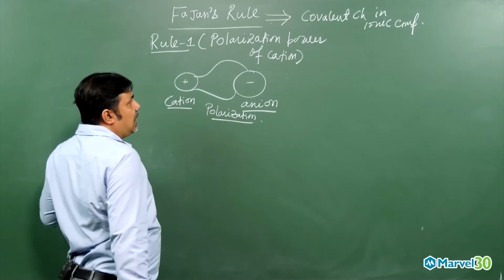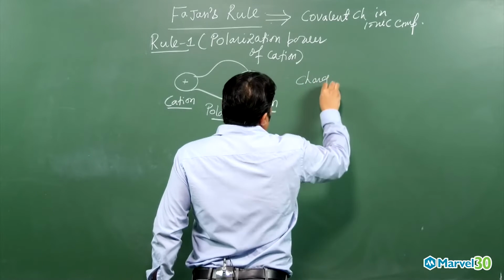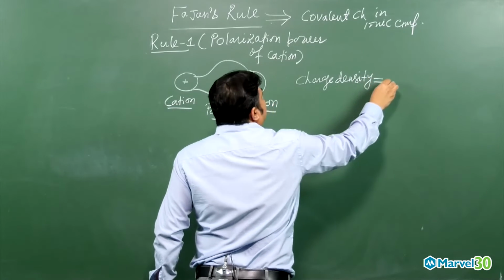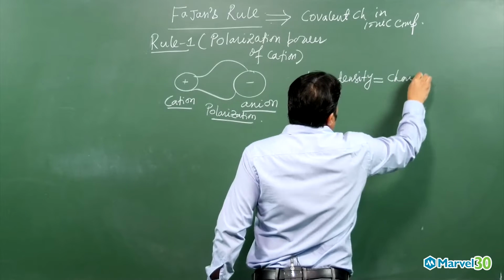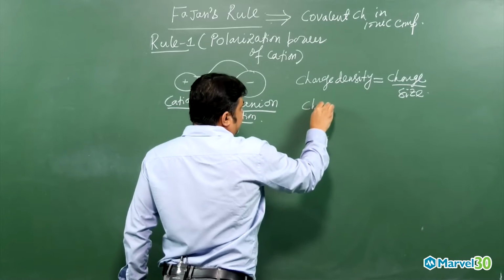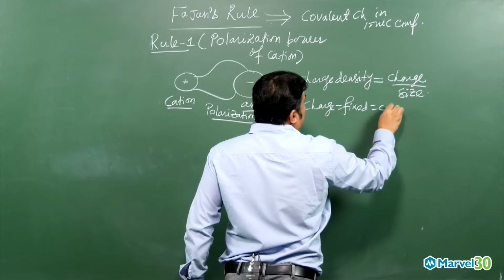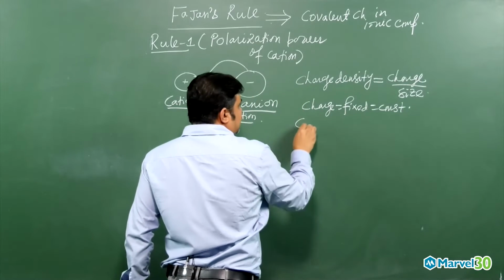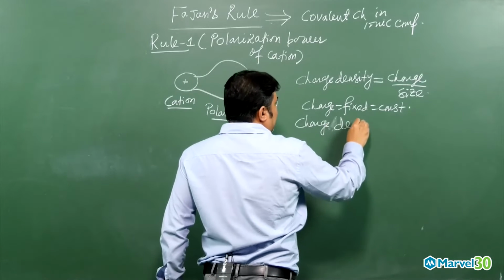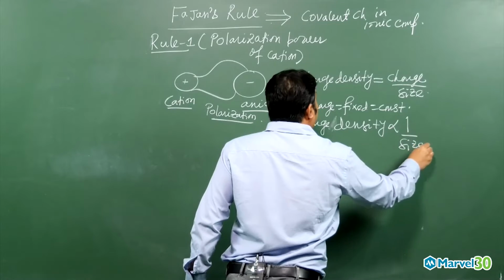And now I am introducing one thing, called charge density. Charge density is related to charge by size. When the charge is fixed or constant, charge density is inversely proportional to size.